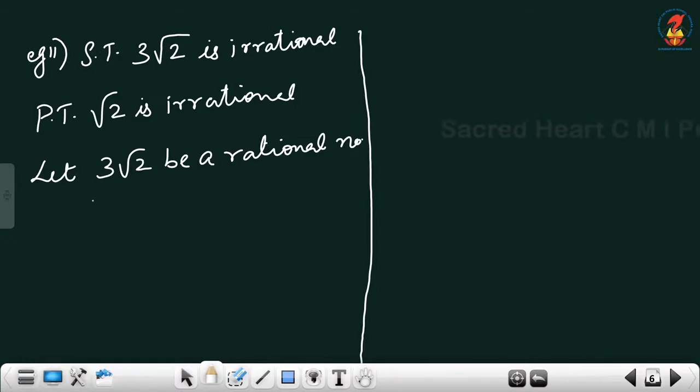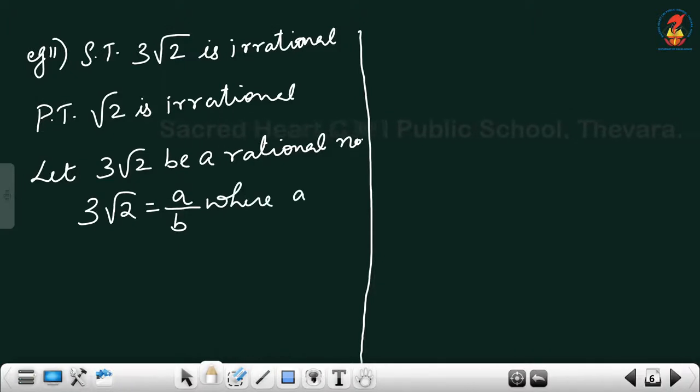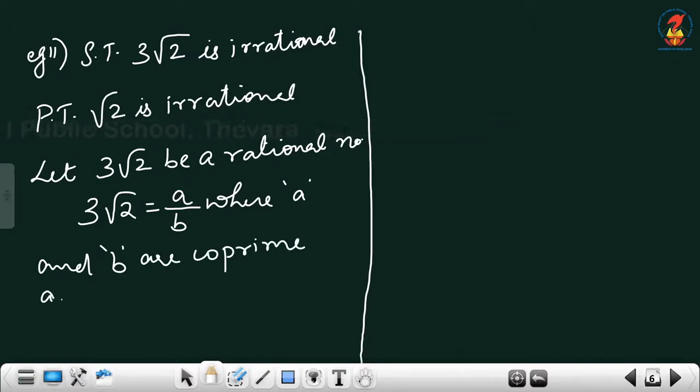If this is a rational number, we can write this as a by b, where a and b are co-prime, and b not equal to 0.